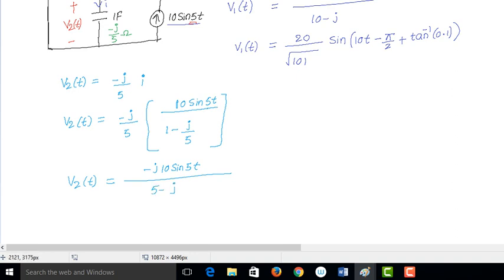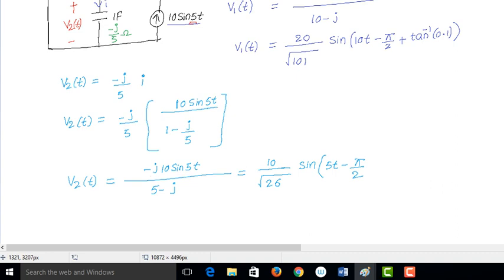The amplitude is 10 by square root of 26, and sine of 5t minus pi by 2. Why minus pi by 2?